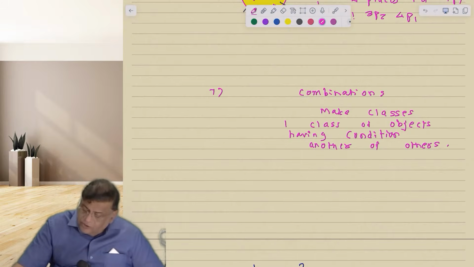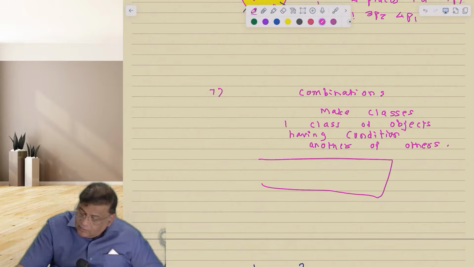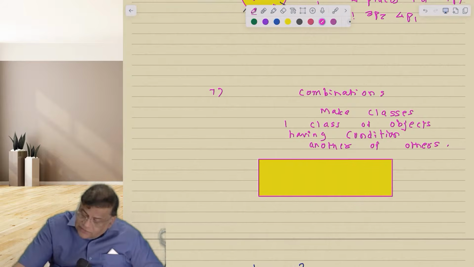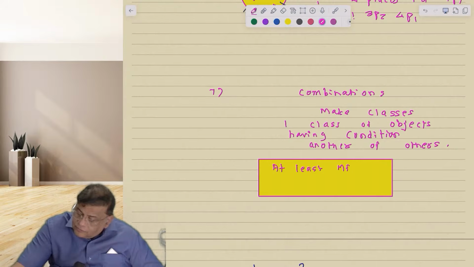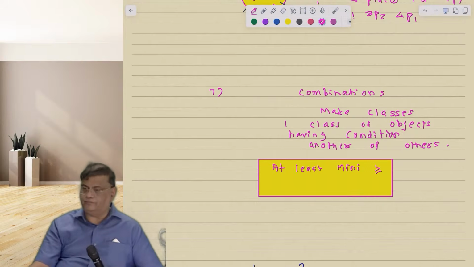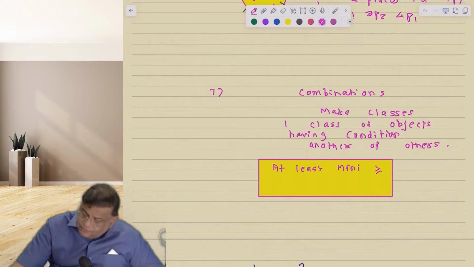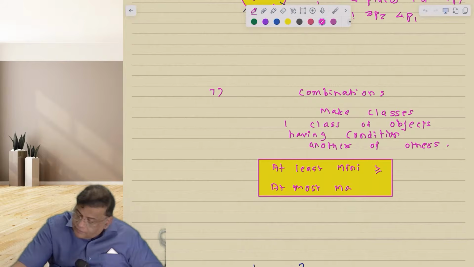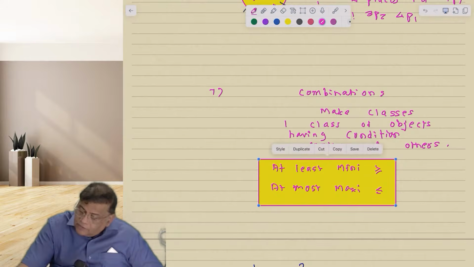So there you have to understand at least is minimum, and it means greater than or equal to. And at most is maximum, is less than or equal to, and when you say that, including 0.